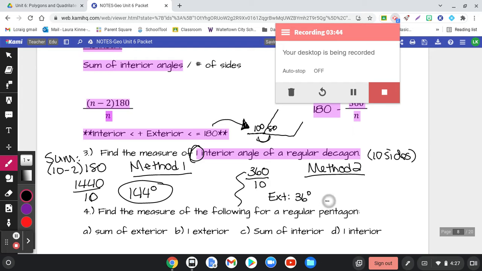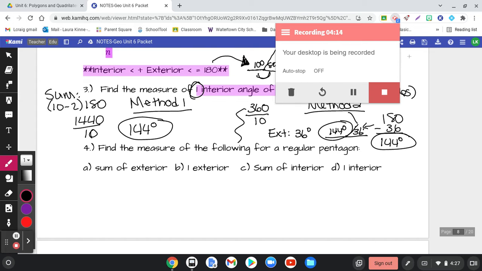Like I said before, an exterior and interior, so here's my exterior right here, add up to 180. So if I now just do 180 minus 36, I also get 144 degrees. So it's entirely up to you how you want to approach that. You can use your sum and then divide by the number of sides, or you can divide by the number of sides and then subtract from 180.